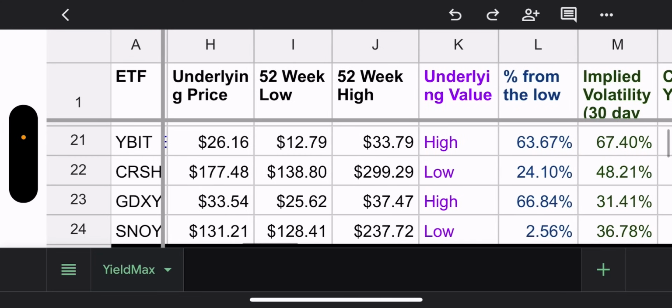If you look, they're priced at 131. Their 52-week low is 128. I mean, this could be really bad, or this could be a buying opportunity. I don't know. This company could be complete crap, and they're just tanking and tanking. Because look, they're 2.56% away from their 52-week low. But if they're actually a really good company that has good growth, this could be the right time to get into SNOI. I mean, they could be timing this right.